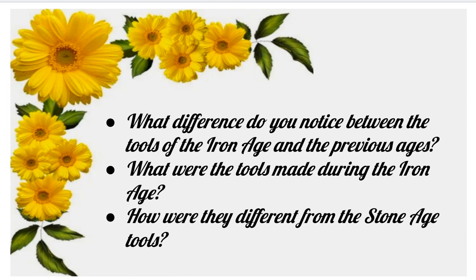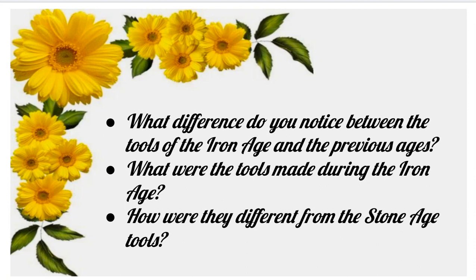Iron Age tools were stronger and did not break easily, whereas the Stone Age tools were heavy, right? Stone is heavy, we all know. And Iron Age tools are easy to use, whereas Stone Age tools are heavy to use, means difficult to use. And Iron Age tools can be molded into different shapes, whereas Stone Age tools are not available in many shapes.